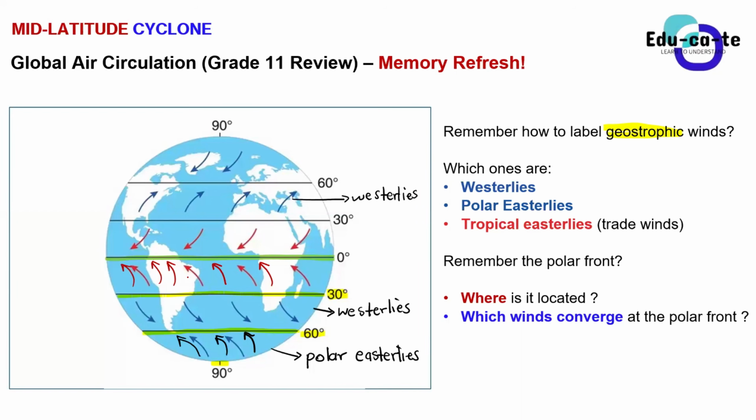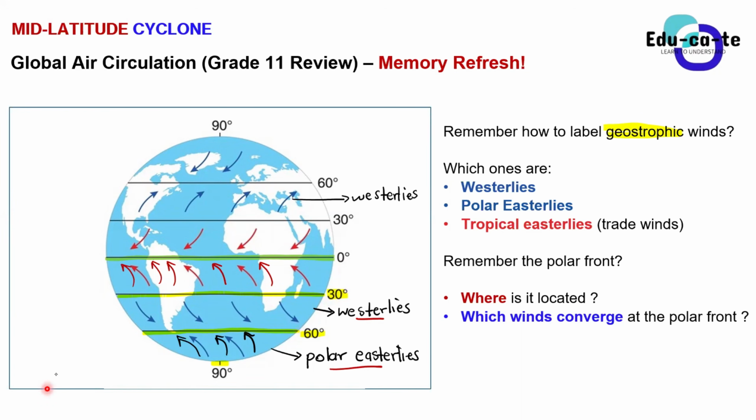You should know these winds, but most particularly you should know the westerlies as well as the polar easterlies for grade 12. I was doing a review to test if you still remember. But for grade 12, you must remember that we have the westerlies, which flow from the 30 degrees line of latitude to the 60 degrees line of latitude.